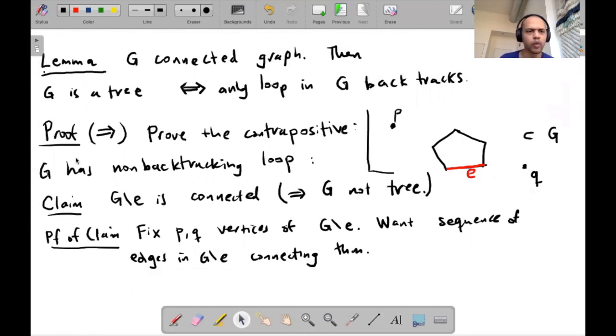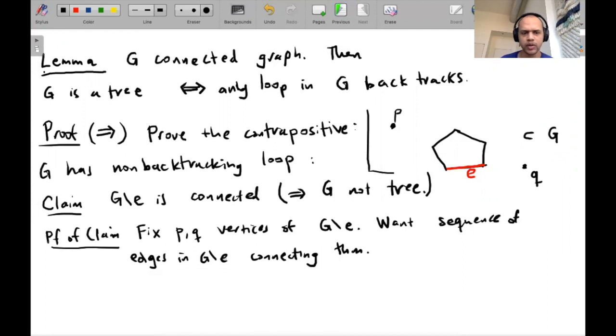Okay, so what can we say? We want a sequence of edges in G minus E connecting P and Q. So we know there's a sequence in G because G is connected. That's the assumption at the top. Now there's two cases.